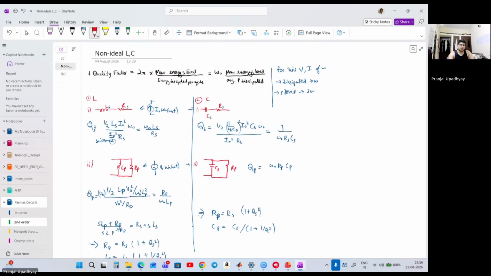Before going to non-ideal circuits, I think this standard term we should all know is the quality factor. It gives us an essence of how much energy the circuit can store and how much energy is dissipated in the circuit. The thing to remember here is that it is 2 pi times the max energy stored over the energy dissipated per cycle.